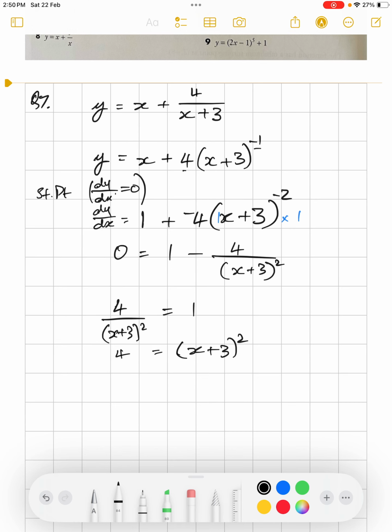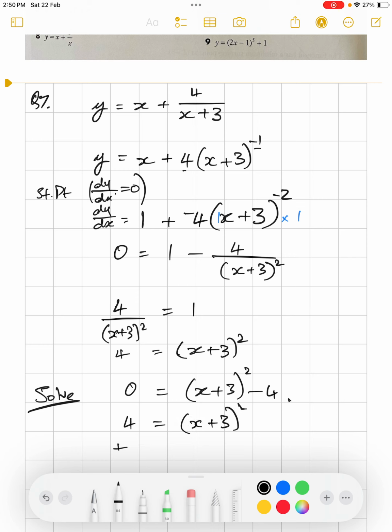We'll expand this, or in fact we won't, let's just take that 4 across to be 0 equals x plus 3 squared minus 4. Alright, now we solve this. Oh, we didn't need to take that 4 across because we're going to put it back. Okay, so we want to solve this.